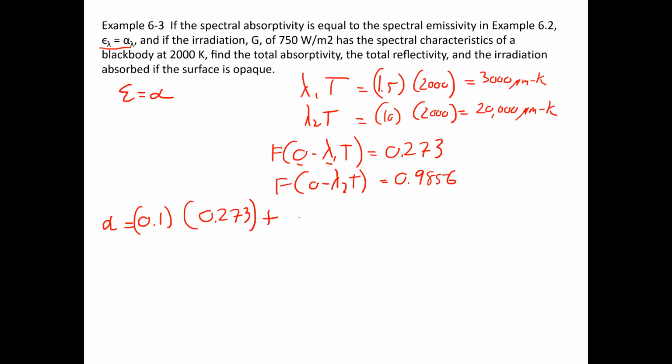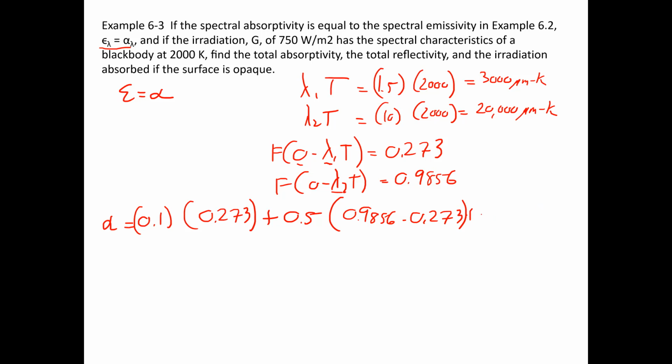Then I add to that the second range, which has an absorptivity of 0.5 between 1.5 microns and 10 microns. So I would take the fractional energy between 0 and lambda 2, 0.9856, minus the range between 0 and lambda 1, which is 0.273.